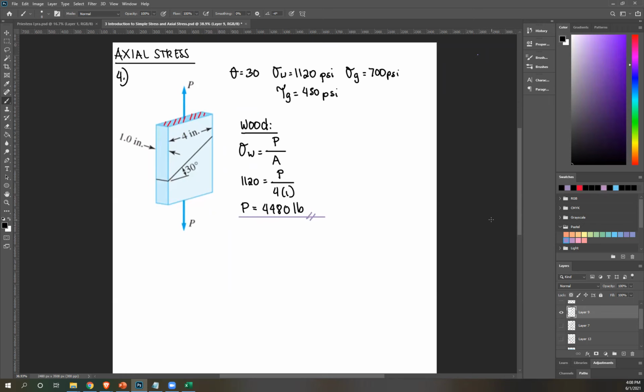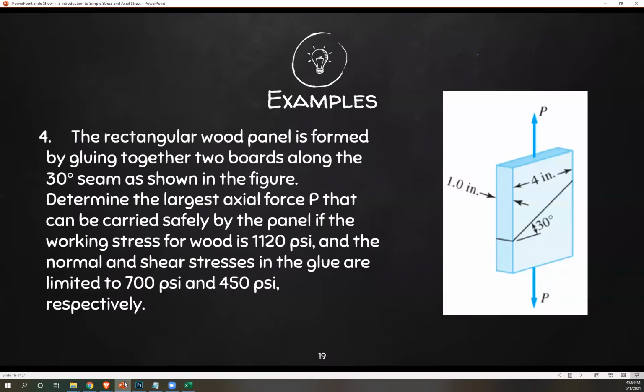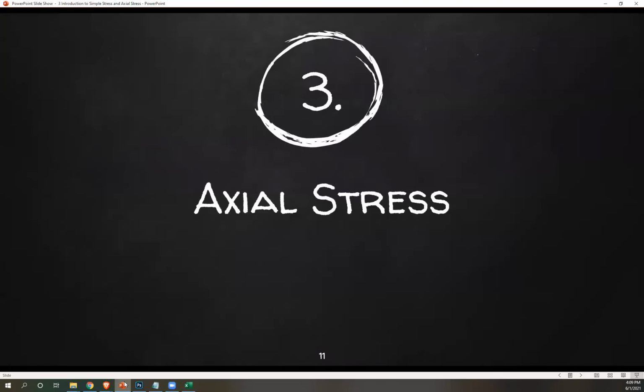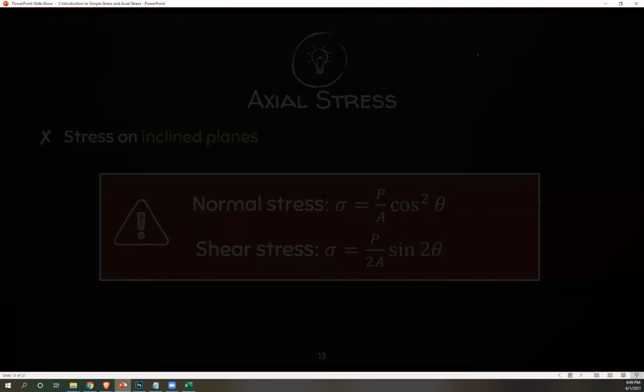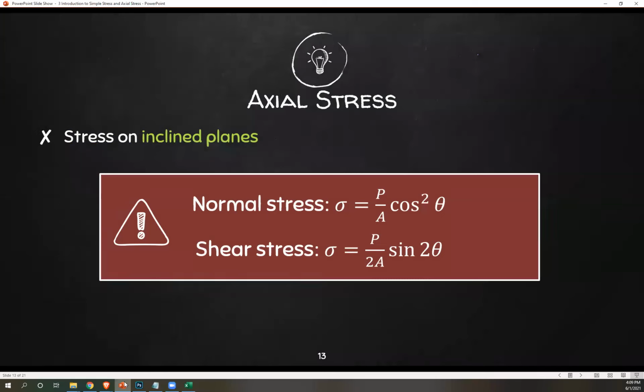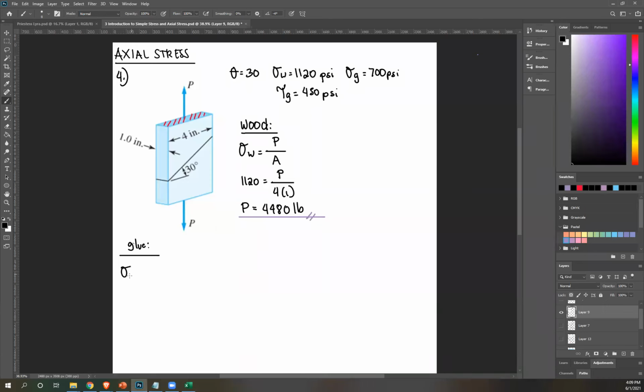Now that we're done with wood, let's move on to the glue. Luckily, we have equations for that, so let's go back to our equations. The normal stress for an inclined plane, which is where our glue is, is P over A cosine squared theta.